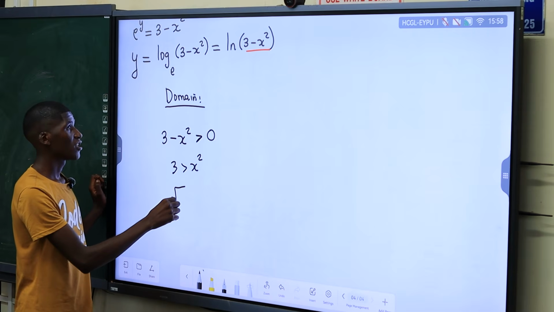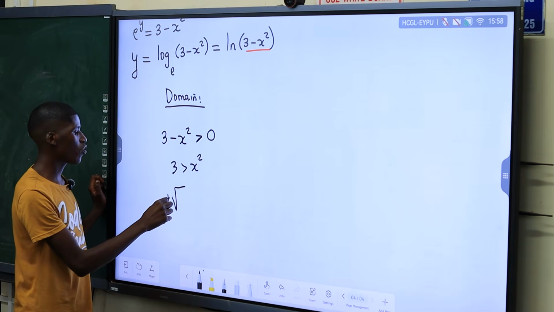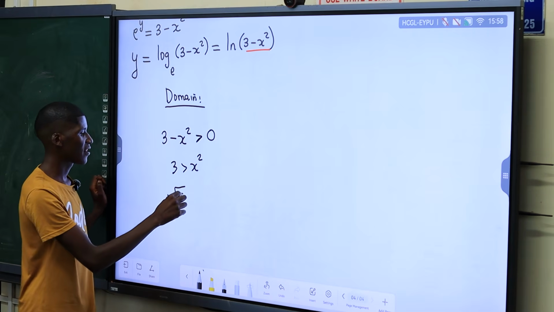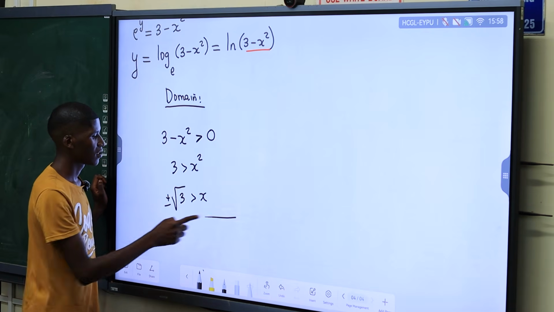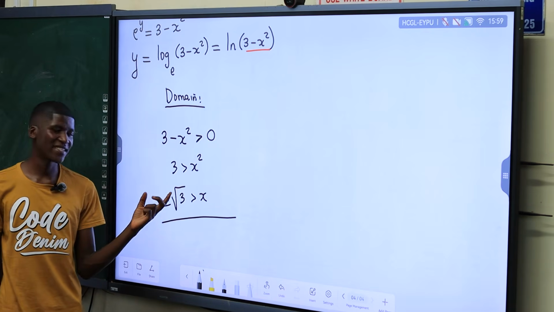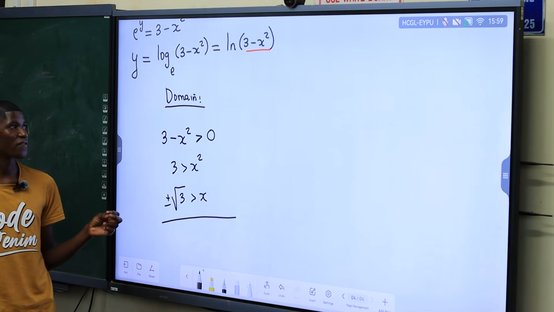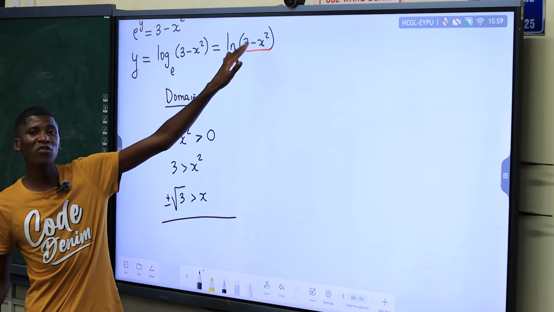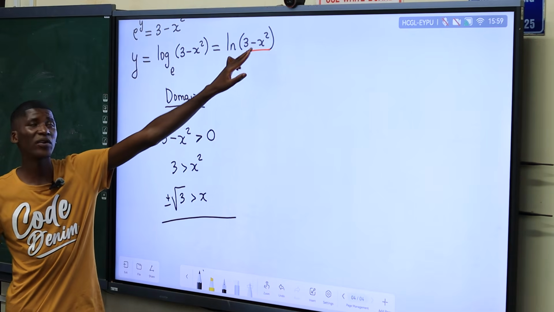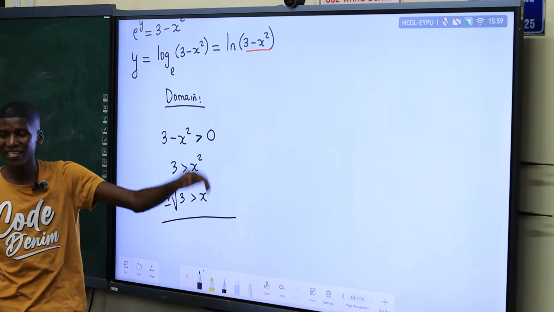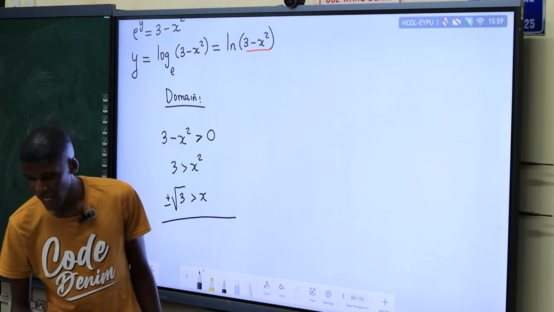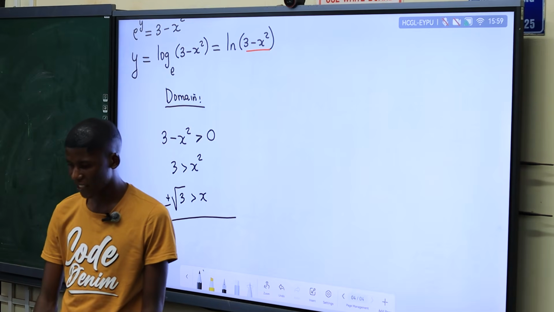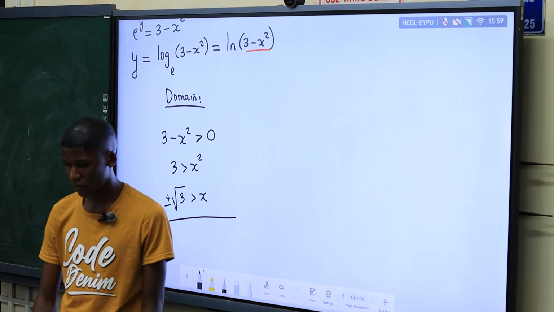So the x value can be plus or minus square root of 3. So x must be less than plus or minus square root of 3. If you put plus or minus square root of 3, it is the same because of the squared; squared just erases the negative sign. So yeah, that saves it.